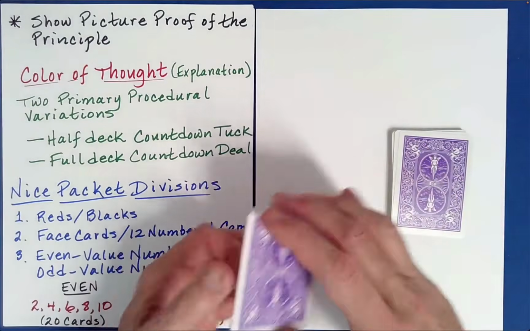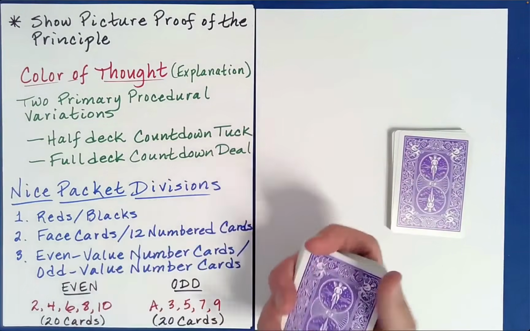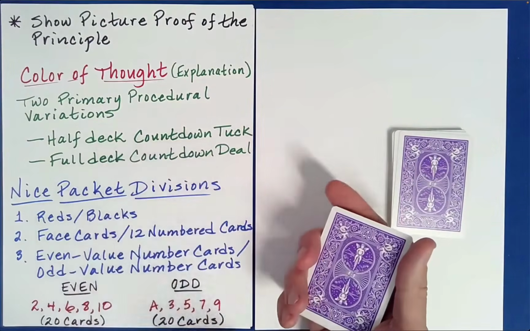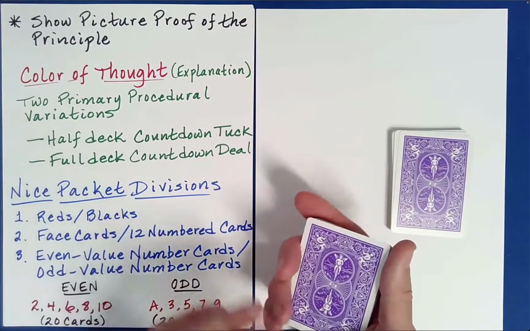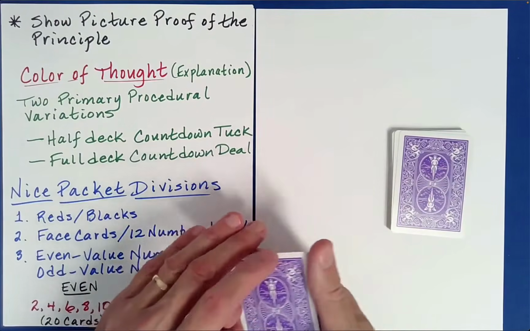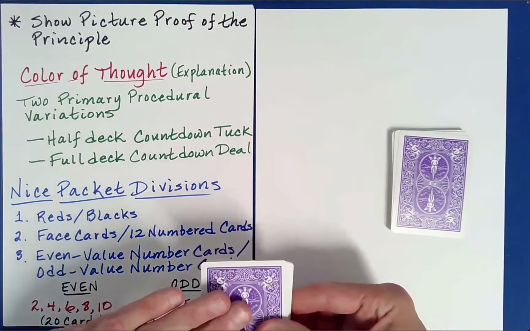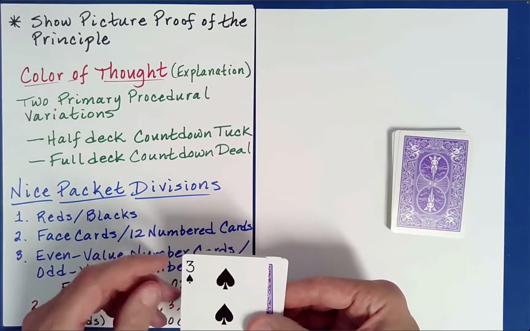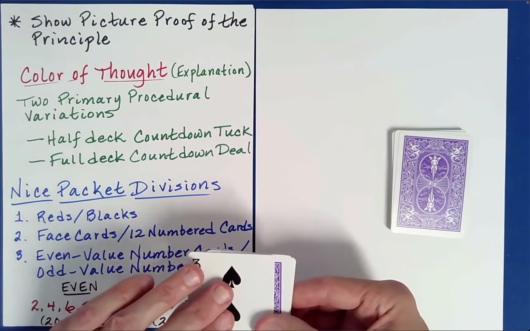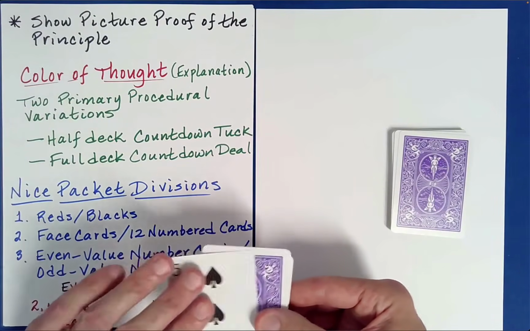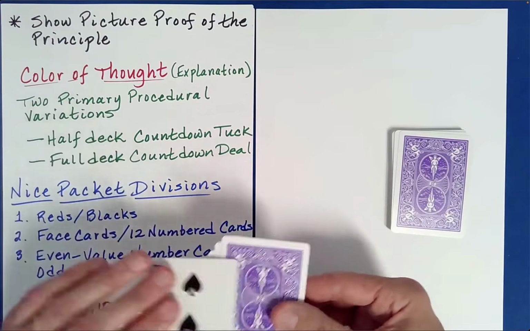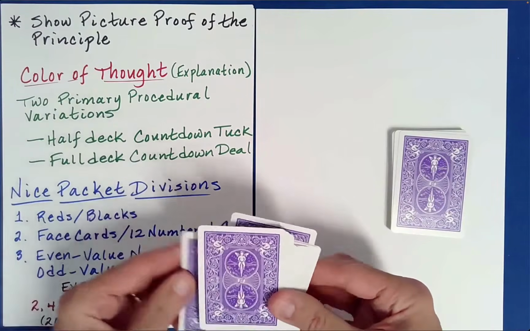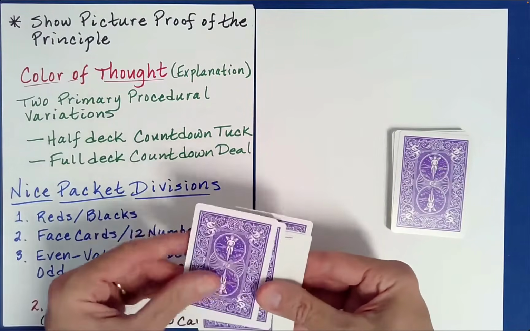Well, what you can do differently is you just do this countdown tuck. Now, I made that up because I don't know if there's a name for this otherwise. So what you do is you go through and have them keep a running count of the number of reds. So that's 0, 1, 2.